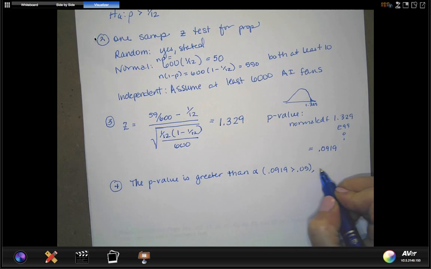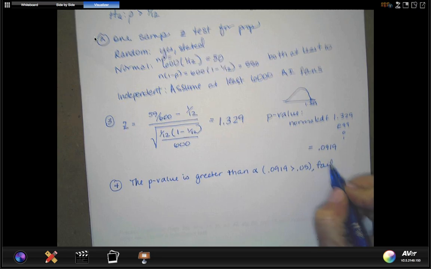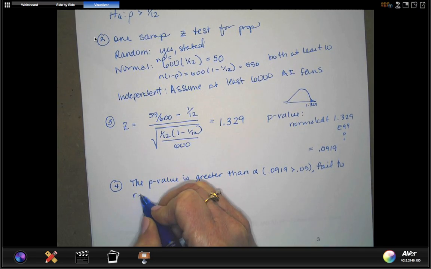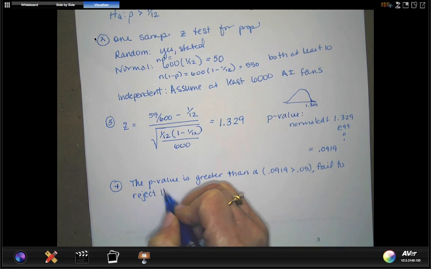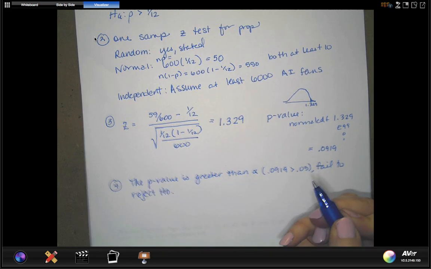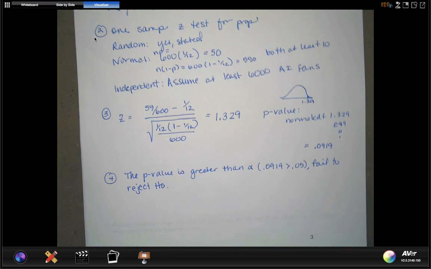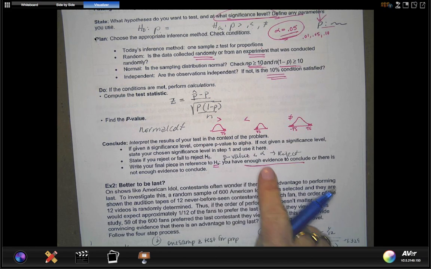So if it's greater than alpha, then I'm going to fail to reject H0.